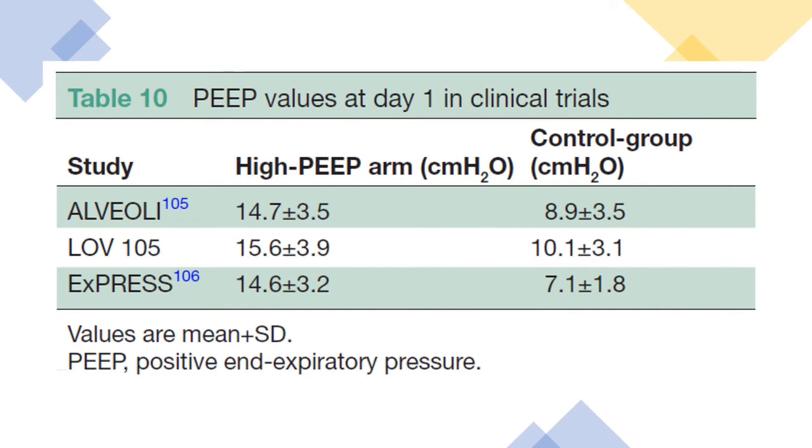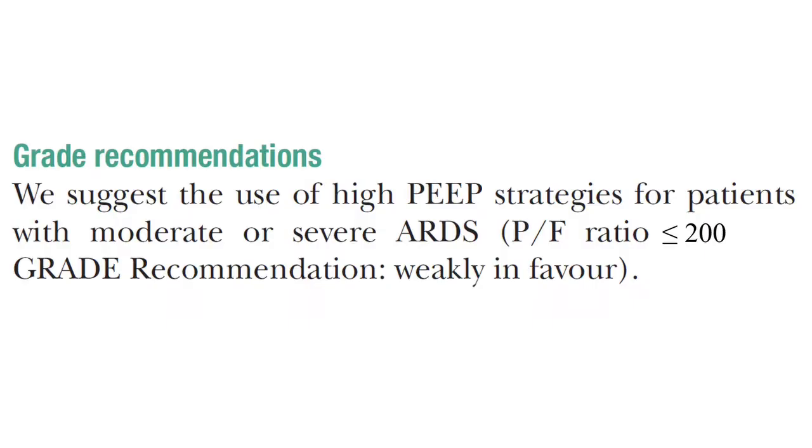In these trials, they used high PEEP, considered from 14 to 15.6 centimeters of water, compared to 8 to 10 in the control or low PEEP group. So your average PEEP could be about 14 to 15 centimeters of water. So the guidelines suggested the use of high PEEP strategies only for patients with moderate or severe ARDS, where the PF ratio is less than 200.